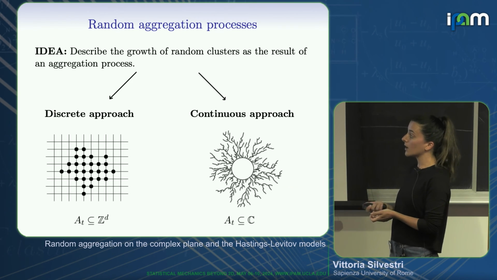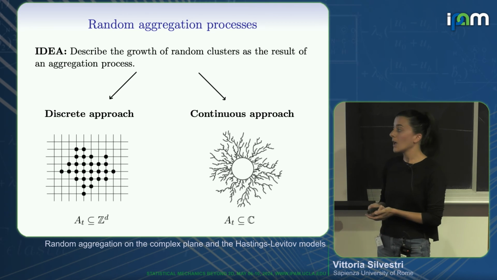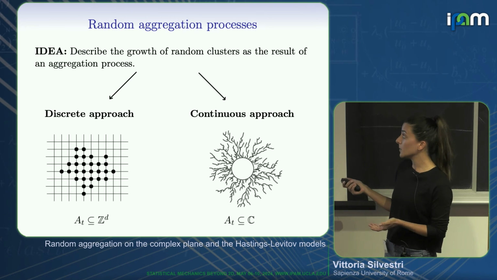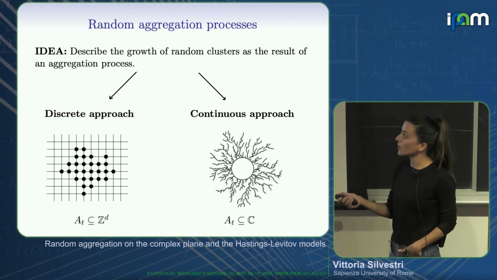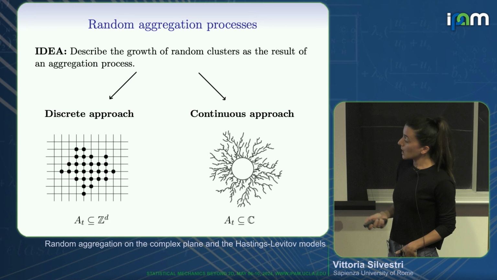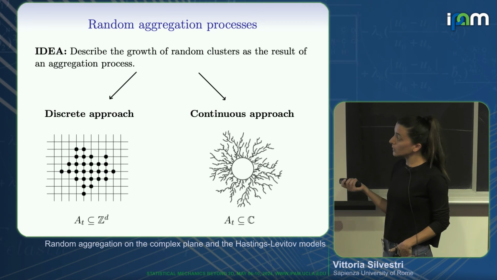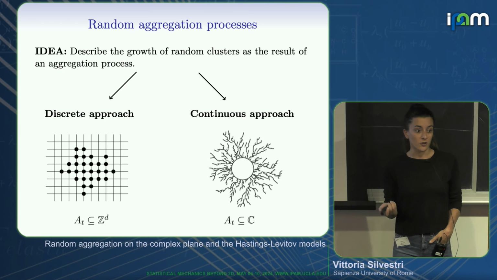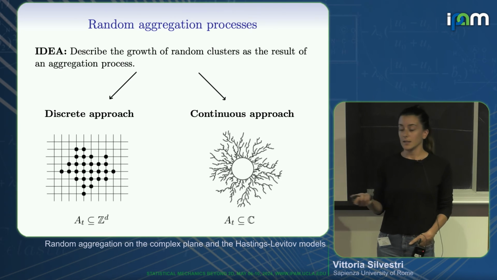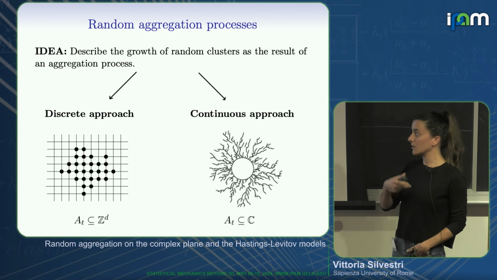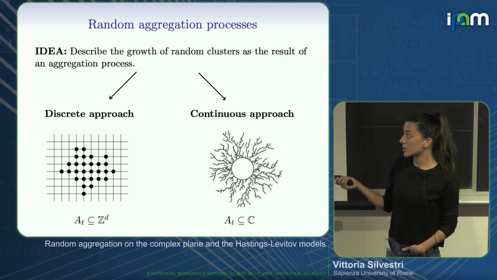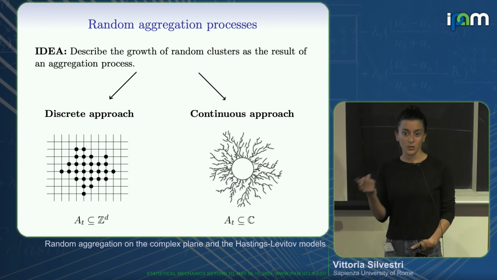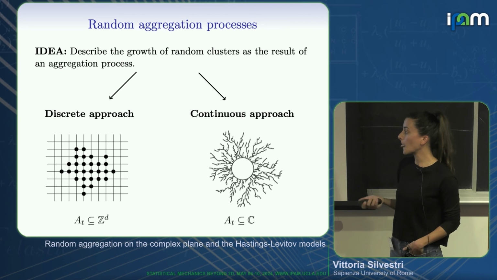Well, you can work in a discrete setting or on the continuum. I will start by saying something about the discrete approach, and later in the talk, I will move on to the continuous setting. We're going to take the point of view that growth happens by aggregation of particles. In the discrete setting, your particles live on a discrete graph that in the pictures I will show you is the d-dimensional grid, but you can consider more general graphs.